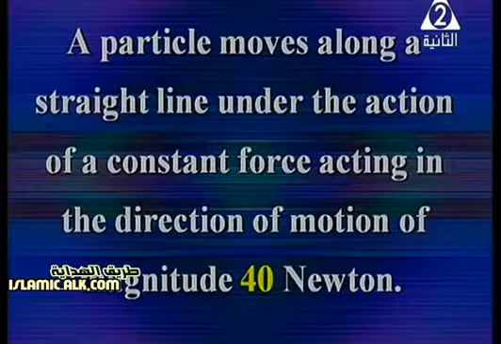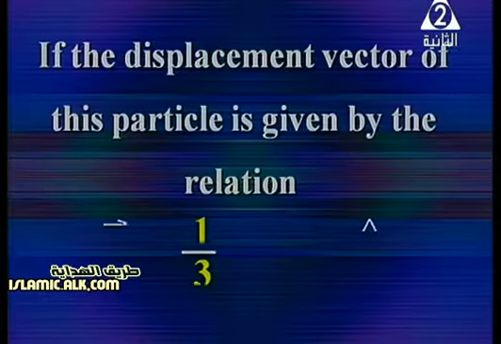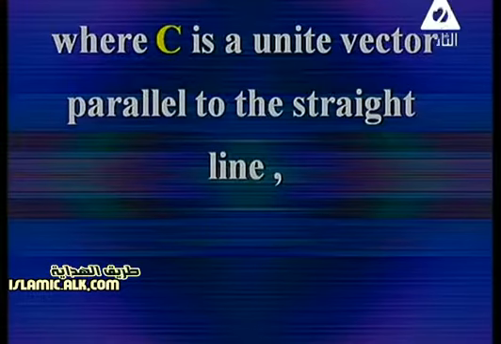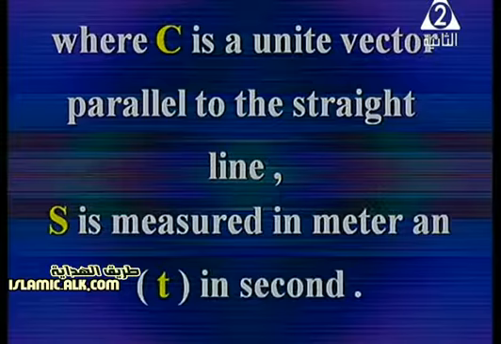Another example. A particle moves along a straight line under the action of a constant force acting in the direction of motion of magnitude 40 Newton. If the displacement vector of the particle is given by the relation S vector equals (one third t to the power 3 plus 4t) c vector, where c is a unit vector parallel to the straight line, S is measured in meter and t in second.